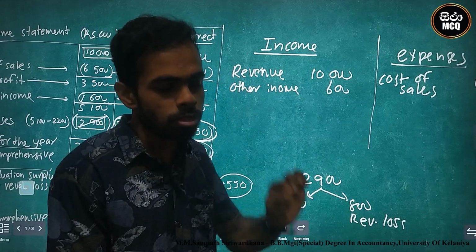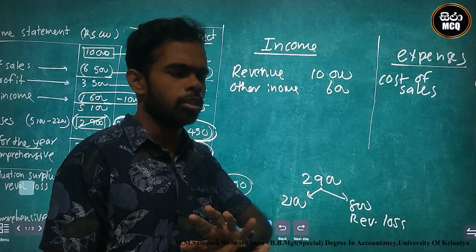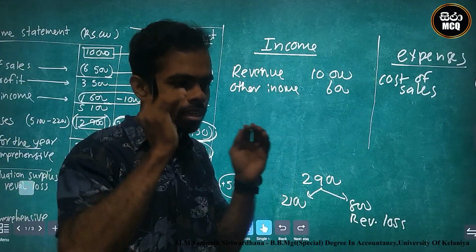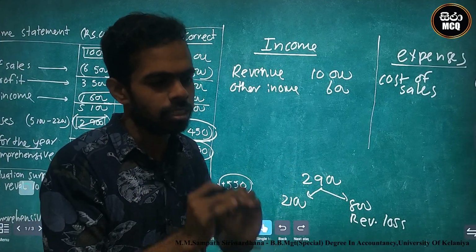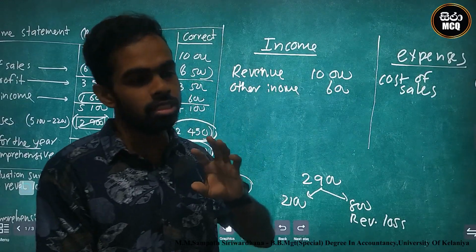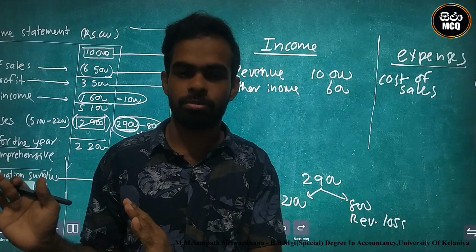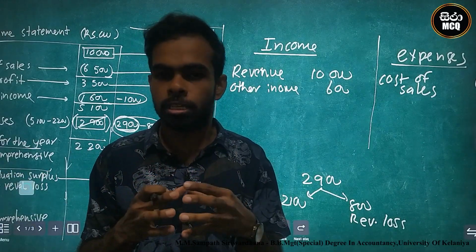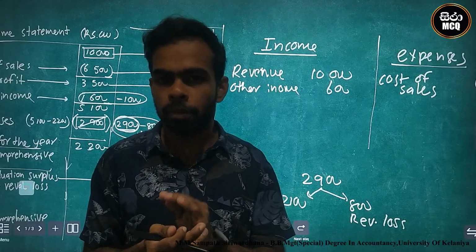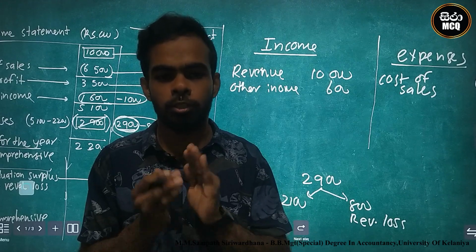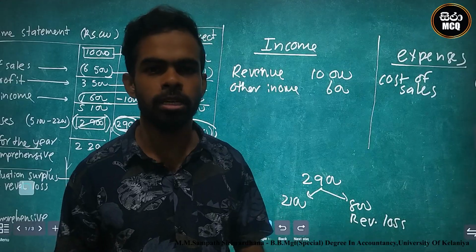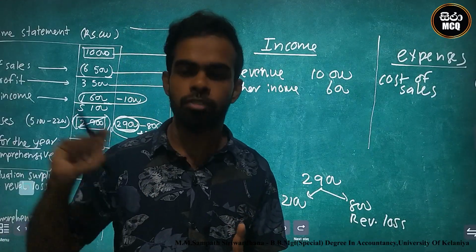Don't think about the past situation, past gain or loss. The current loss we must identify as expense. The previous situation only impacts the presentation, but for expense identification you must identify the total outflow, the total loss.